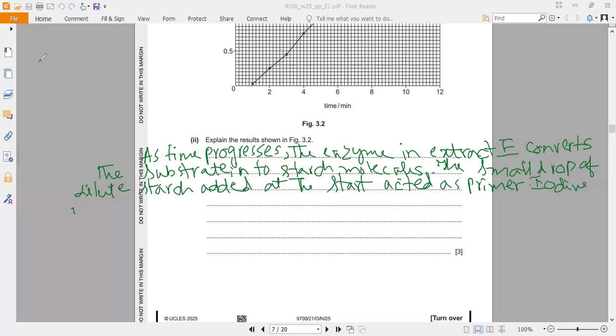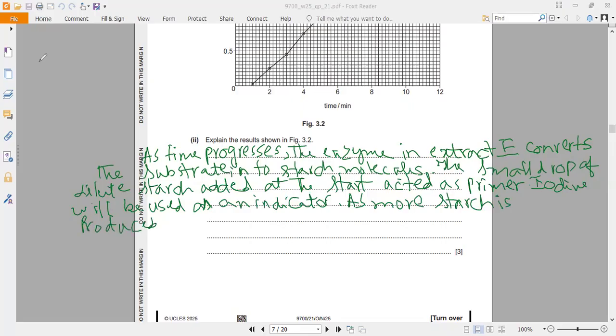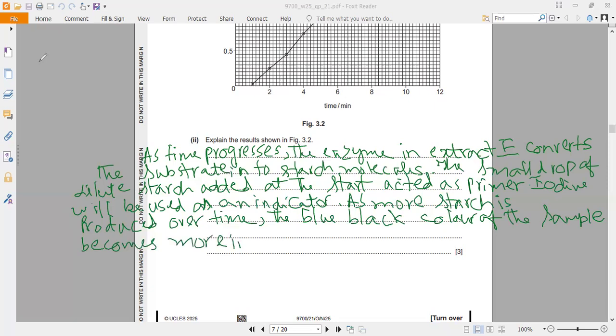Iodine will be used as an indicator. As more starch is produced over time, the blue-black color of the sample becomes more intense.